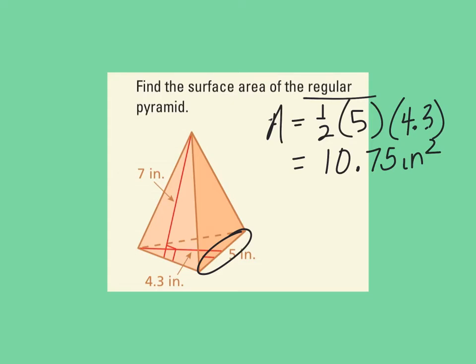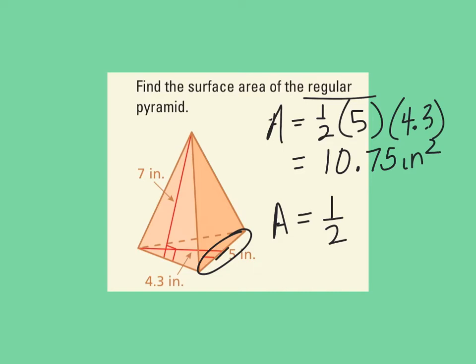Then I have 3 lateral faces that are equivalent. So I'm going to do the area of those 3 lateral faces, so the faces that go around the pyramid. Let's see, 1/2. And our base, this time we're going to write as 5. Remember, that's the base.